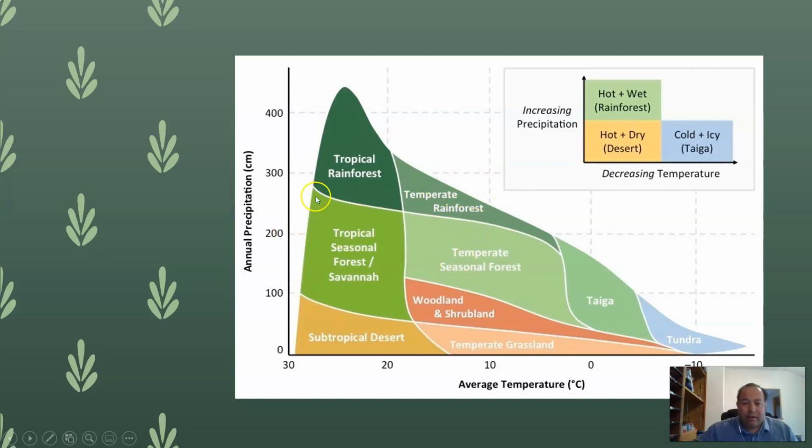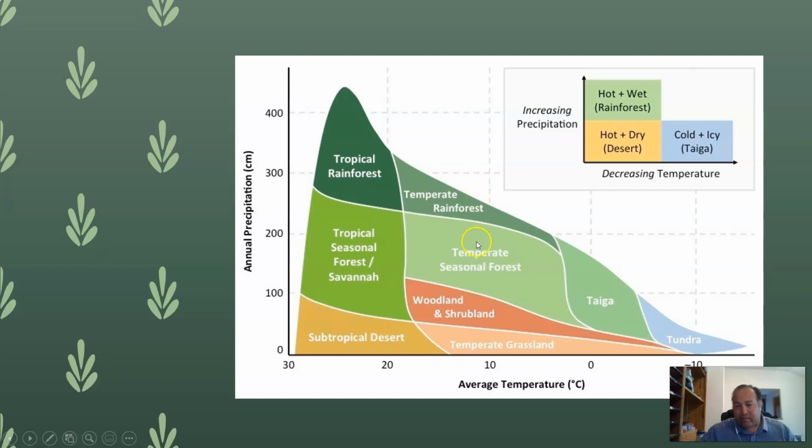When it doesn't rain as much, we get a tropical forest or a savanna, and we get a temperate forest. And as we get less and less rain, but have these more acceptable temperatures, we get temperate forest, and then woodlands where it's a lot of grass but still some trees, and then we get shrublands, and then grasslands.